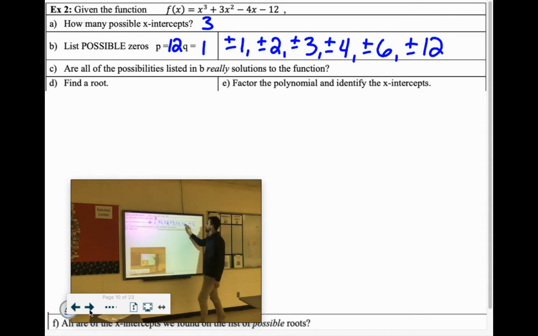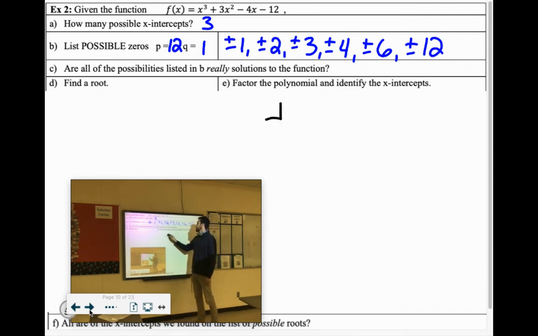So we have 2, 4, 6, 8, 10, 12 possible zeros to check out. Now, these are not all answers, right? We have to test these to see if they're actually roots. So we're going to try to find a root that actually works out.